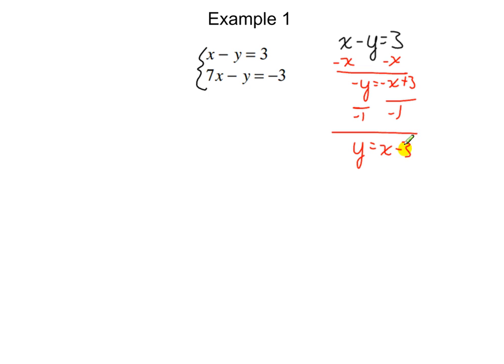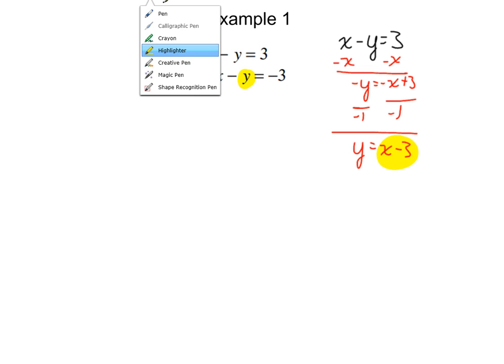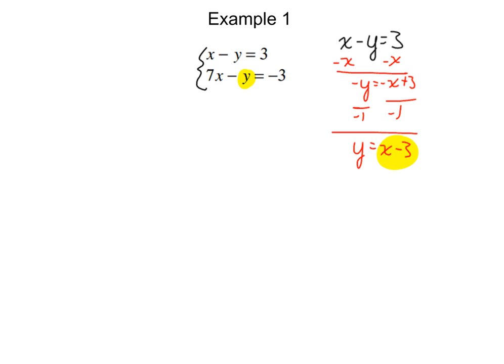Alright, so now that I've got y solved for, I'm going to plug this value, x minus 3, in exactly where I see y in my other equation. So I've got 7x minus, and then where the y was, I plug in x minus 3. Alright, and now I got to solve for x.